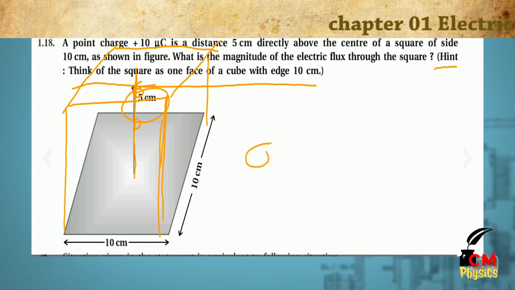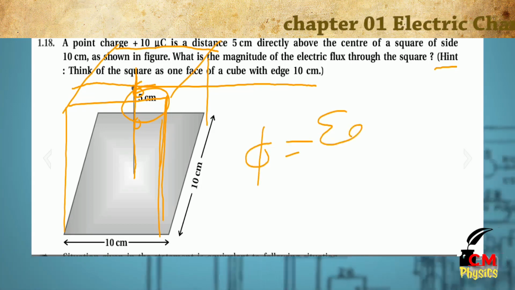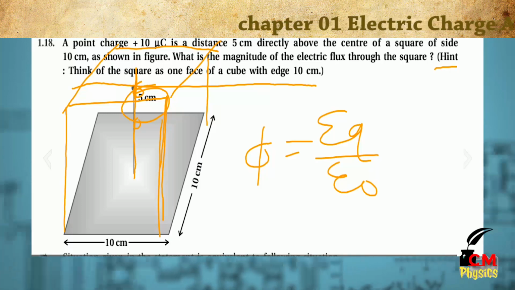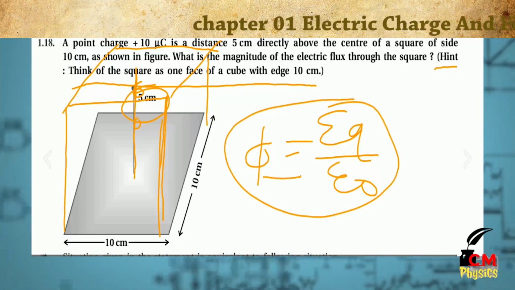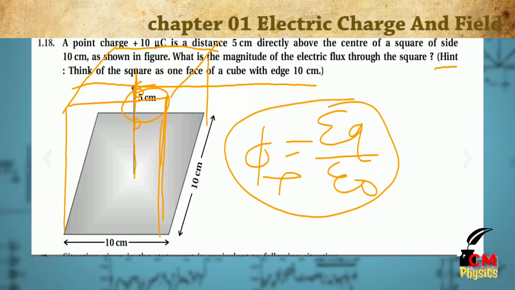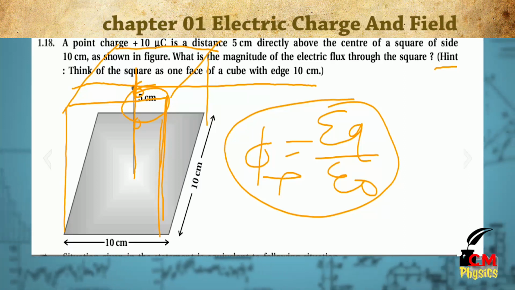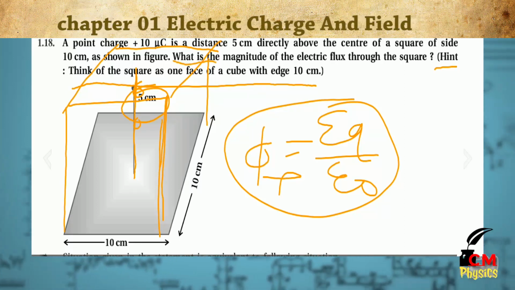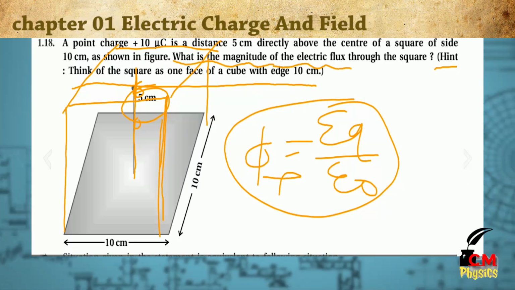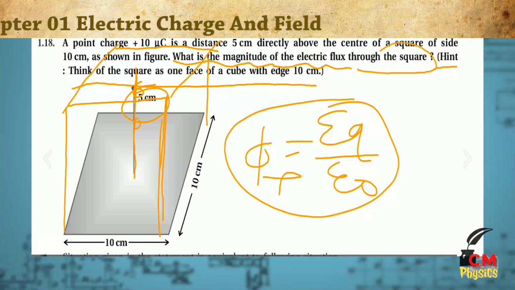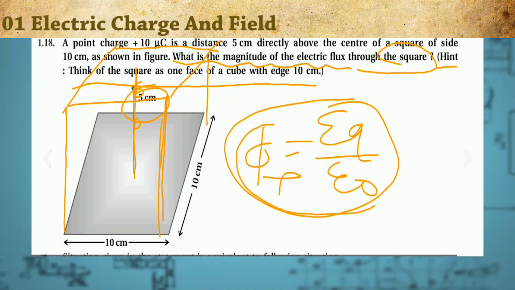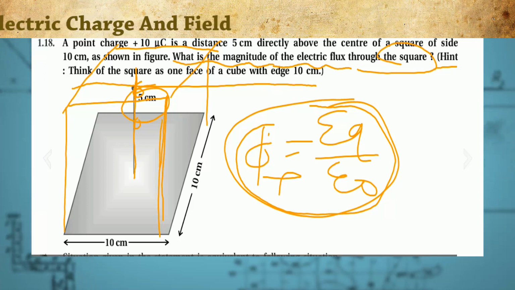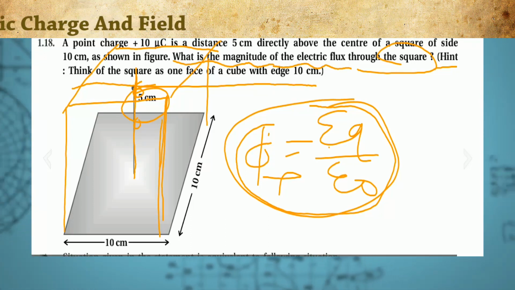Then the value of flux phi is equal to sigma q by epsilon 0, that is the total flux related with the cube. And we want to calculate the magnitude of electric flux through the square. That total flux phi t is sigma q by epsilon 0.